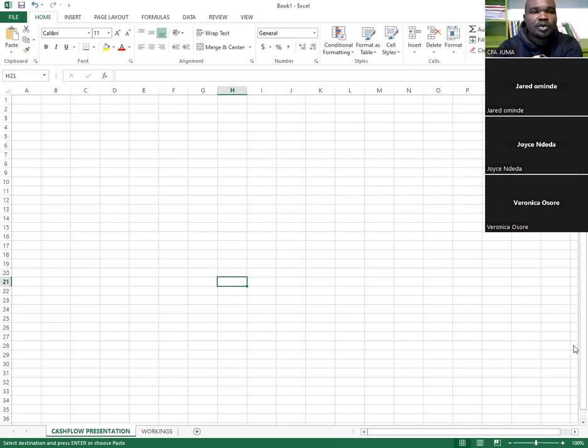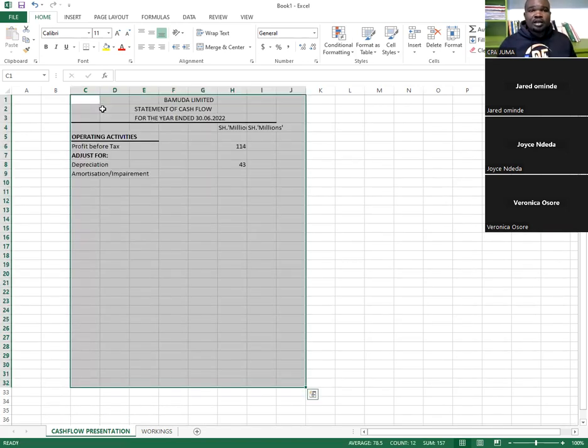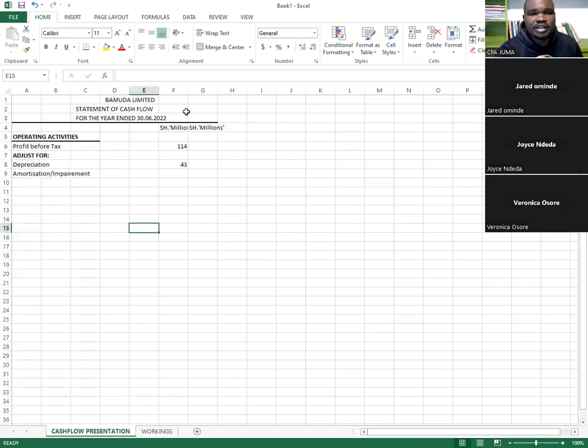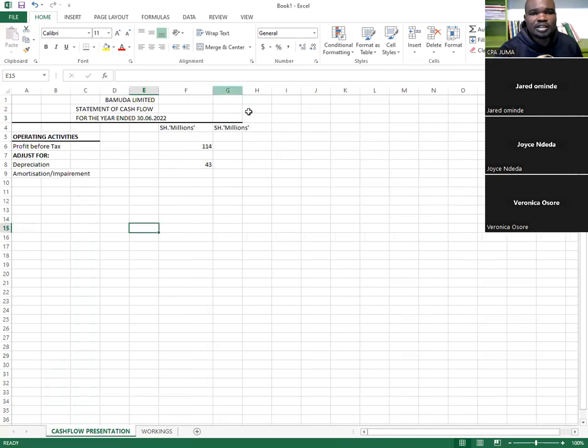I think after we wrote the workings, we just started. So there's no big issue. We'll just bring it where it is supposed to be. So I will do away with these two columns so that it can be nicely presented. I have just noticed that, so there is no big issue.